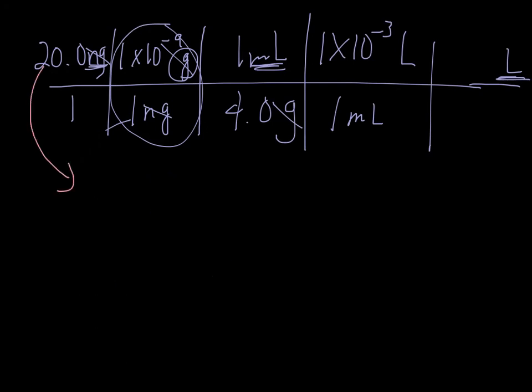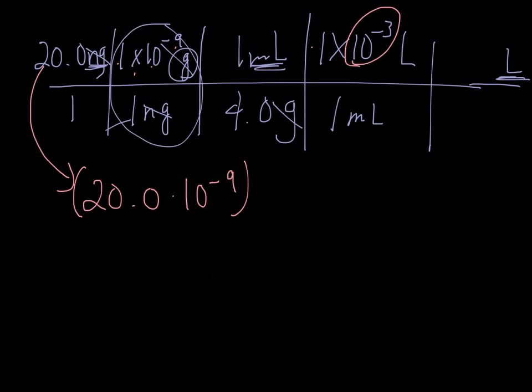At the top, I get 20.0 times 1 times 10 to the negative 9, so times 10 to the negative 9. Then multiply that by this. So I just add the exponents here. So really it's not negative 9, but it is going to be negative 12.